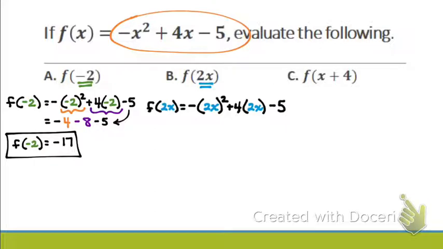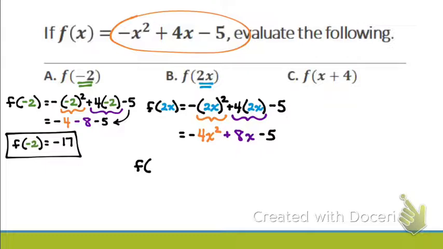What happens when I do 2x and then I square that entire thing? 4x squared. So I have negative 4x squared plus what? Plus 8x minus 5. Can I simplify or combine anything there? Nope.